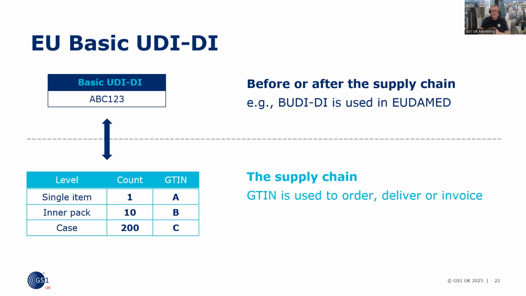They would all be under that same basic UDI-DI. And if you had another product that met those criteria of same risk class, same intended purpose, same essential design and manufacturing characteristics, they would also go into that group under that same basic UDI-DI.